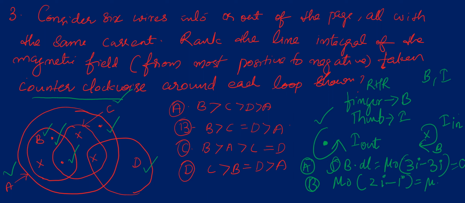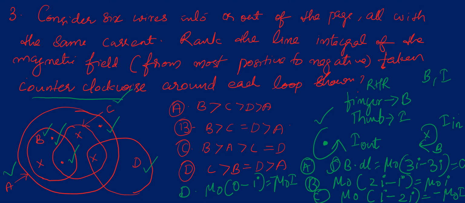So you will get mu 0 into I. For the third loop C, 1 current is going out, 2 currents going in. So you will get minus mu 0 into I. And for the last loop D, no current is going out, 1 current is going in. So you will get minus mu 0 into I.